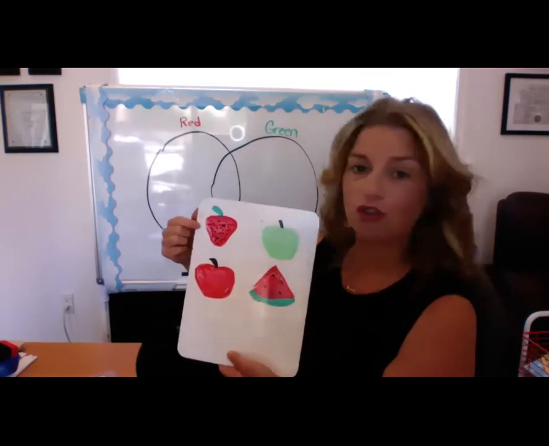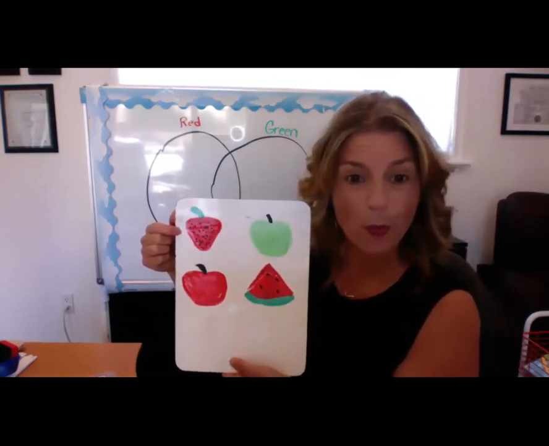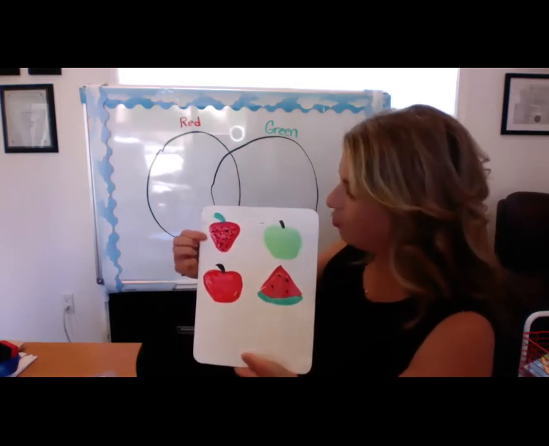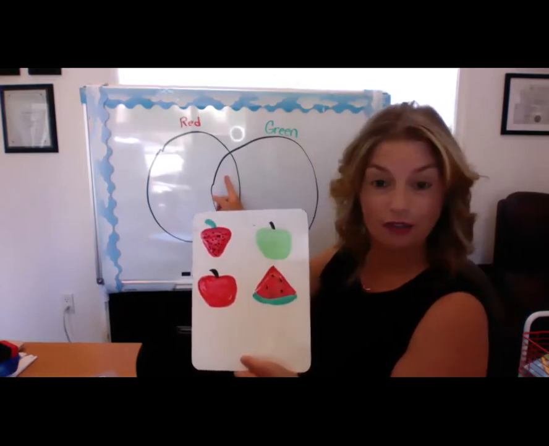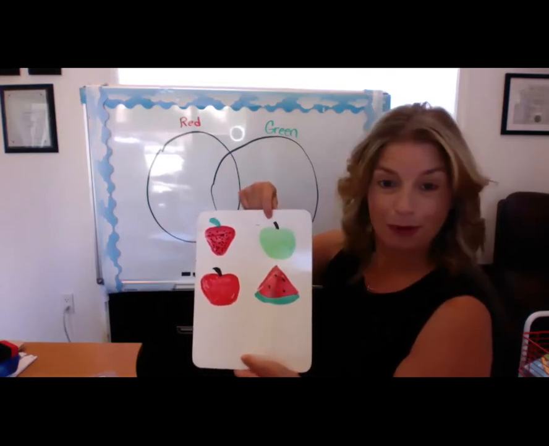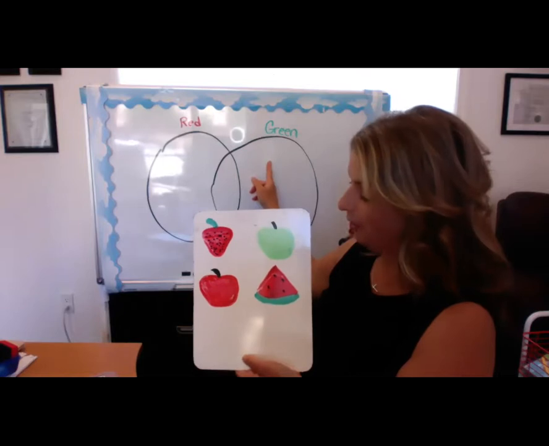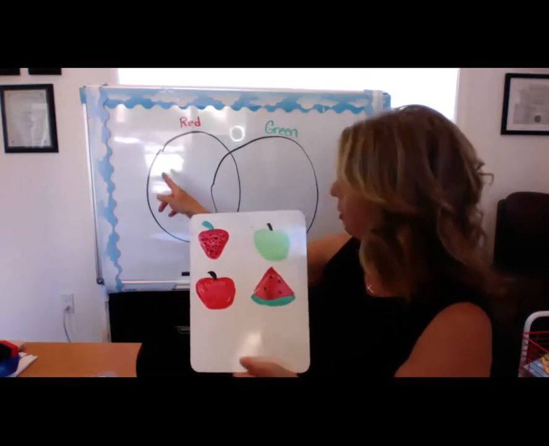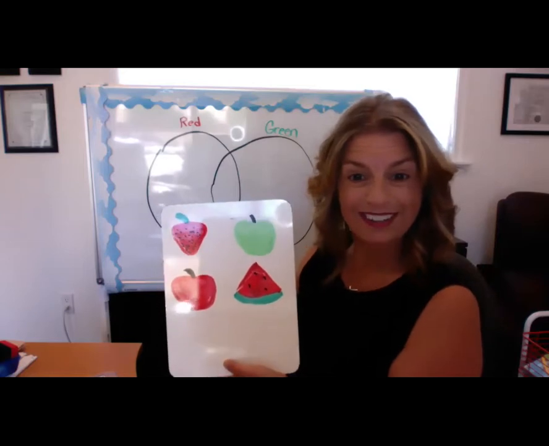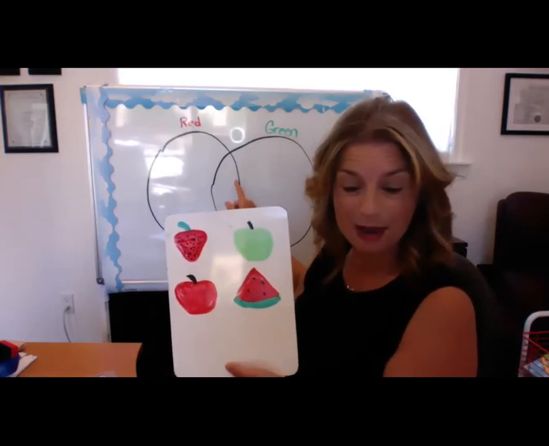So where would the strawberry go? The strawberry would go in both because it has red, but then it has a green leaf. So the strawberry would go right here. The green apple would go here. The red apple would go here. And the watermelon would go where? In the middle. Good. Okay.